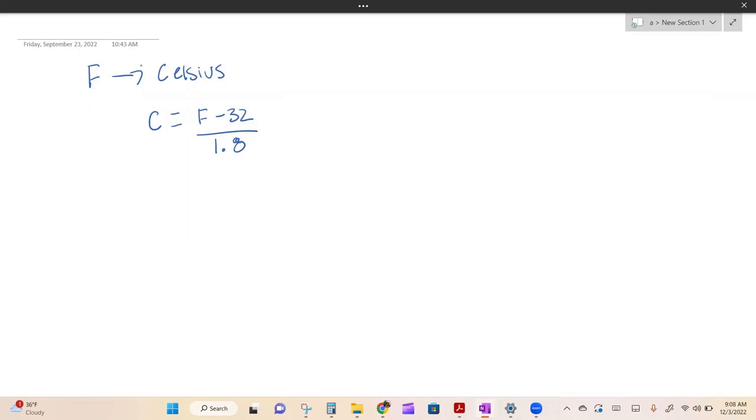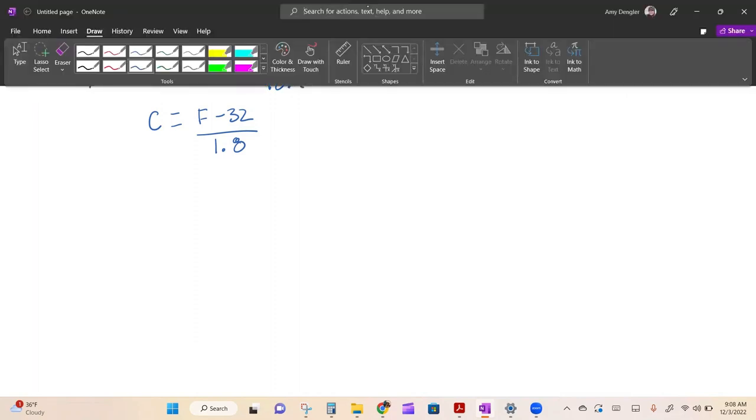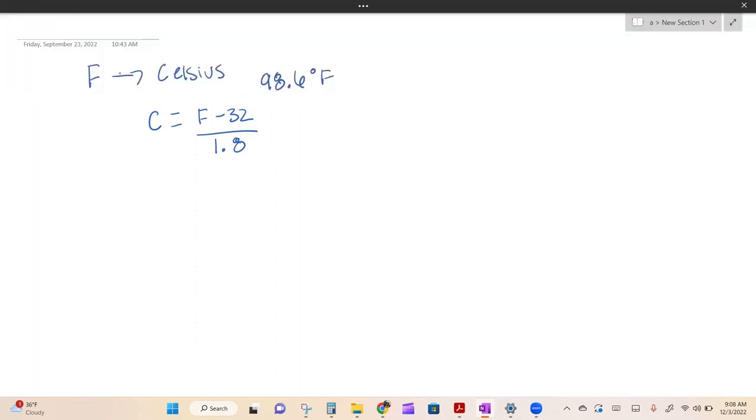All right, and then we're going to go from 98.6 degrees Fahrenheit, and we want to go to Celsius. So now I'm just going to rewrite the equation with 98.6 plugged in for the F, because that is our temperature in Fahrenheit.